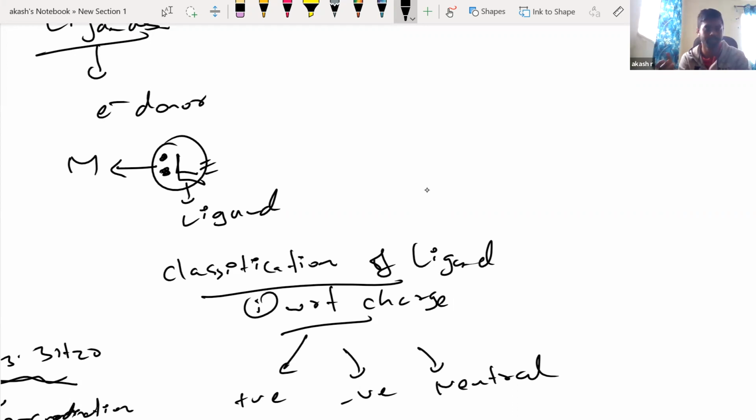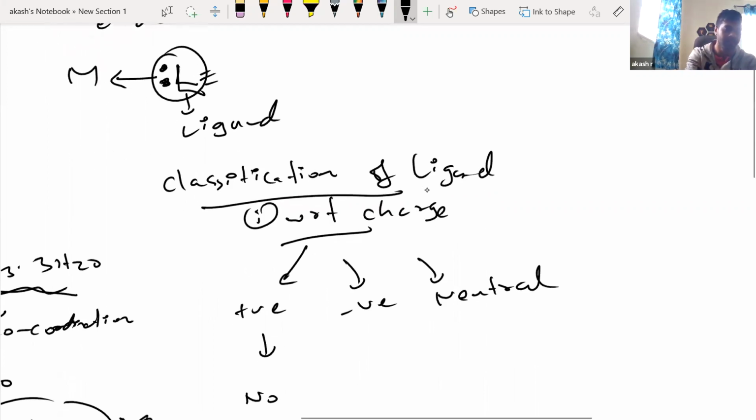First criterion: the lone pair should be there. Second criterion: having the lone pair is not sufficient; we should be able to donate it to some other species. Once those 2 criteria are satisfied, it doesn't matter what charge that particular ligand has.